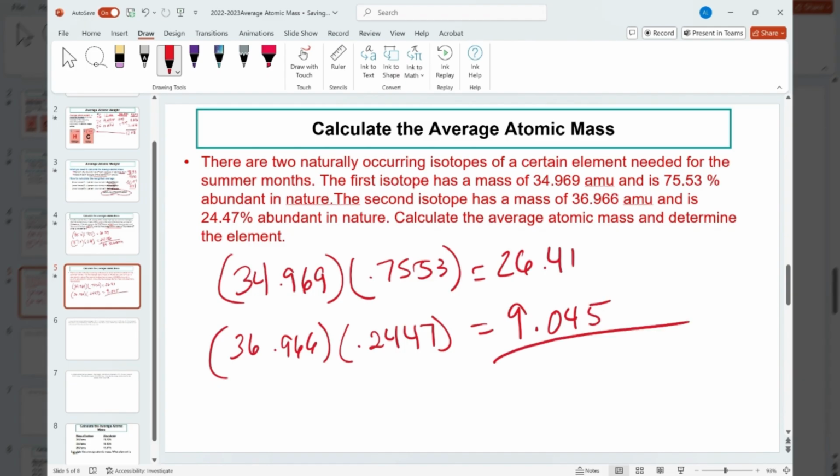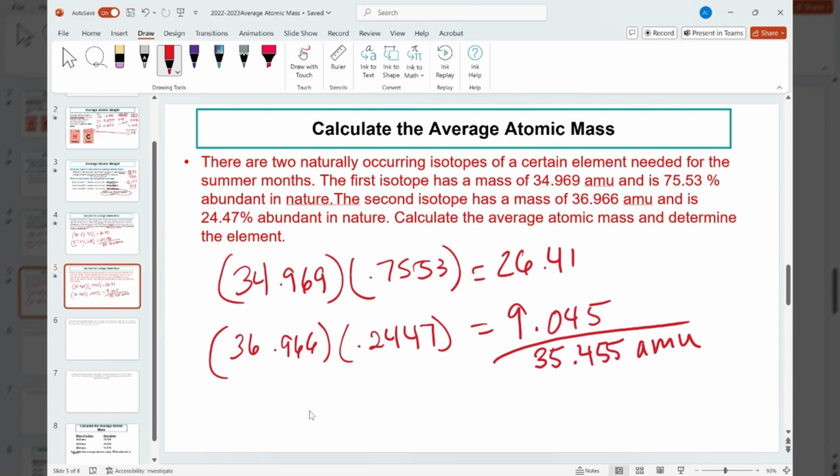I'm going to add those together. 26.41 plus 9.045 is going to give us 35.455 AMUs. So then let's go back to my periodic table. 35.455, and my element is going to be chlorine.